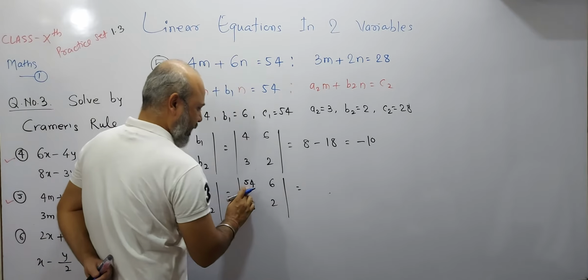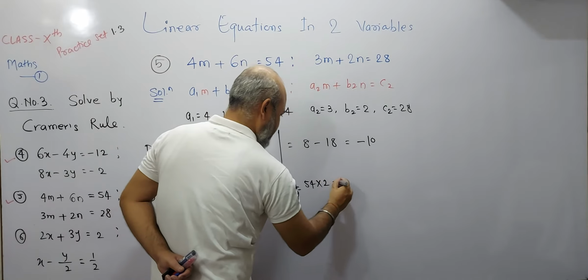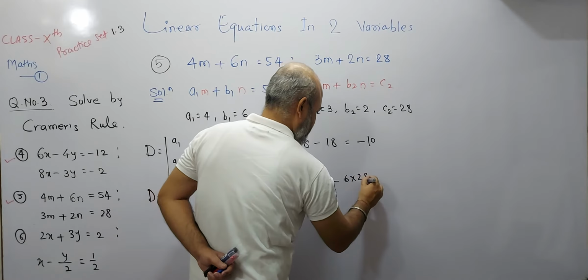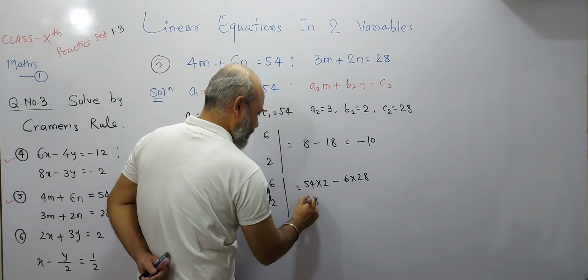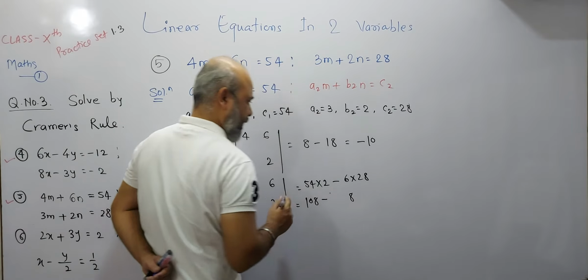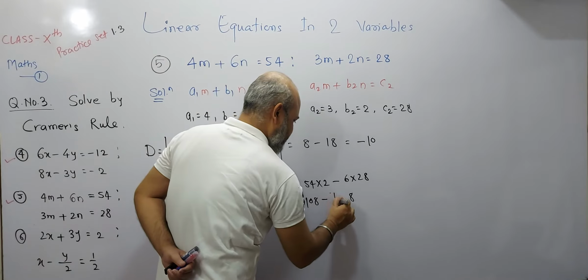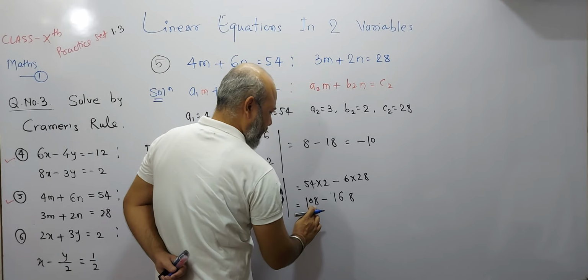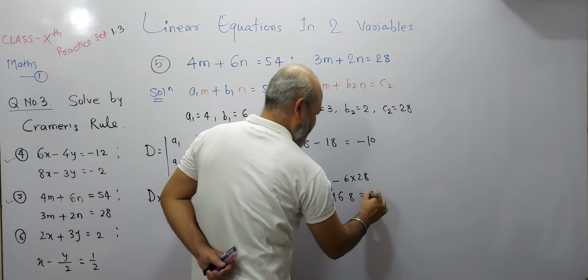So simply multiply, 54 multiplied by 2, then minus sign, 6 multiplied by 28. 54 times 2 is 108, minus 168, so you will get minus 60.